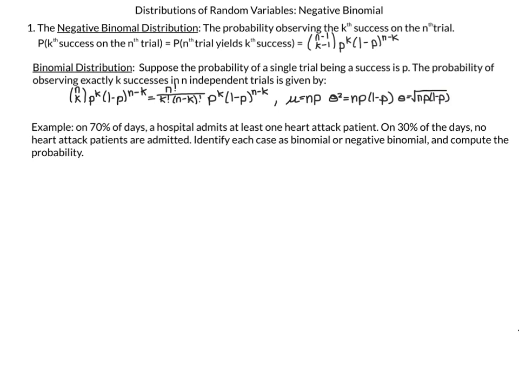Our example: on 70% of days, a hospital admits at least 1 heart attack patient. It'd be nice if these were happy statistics, but whatever. 70%, 1 heart attack patient on a day. On 30% of the days, no heart attack patients are admitted. So we're going to have a number of questions, and we want to identify each case as binomial or negative binomial, and then we want to compute the probability.